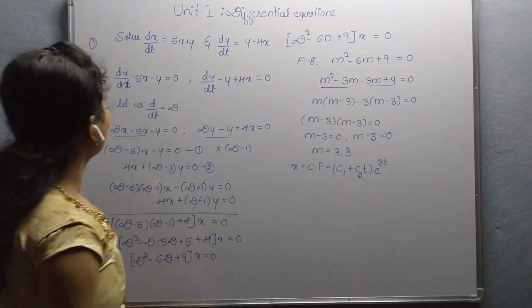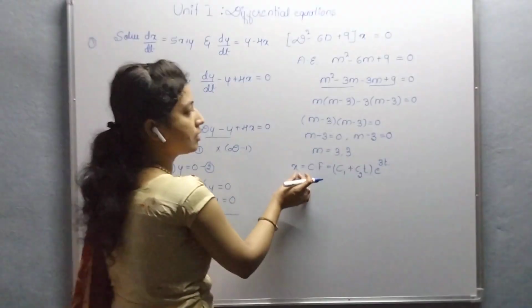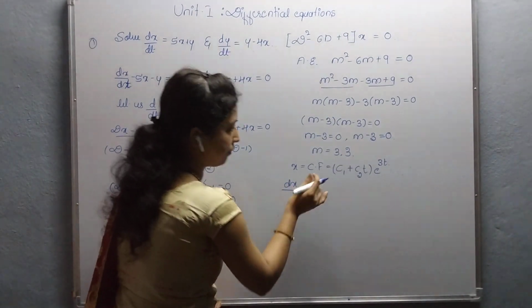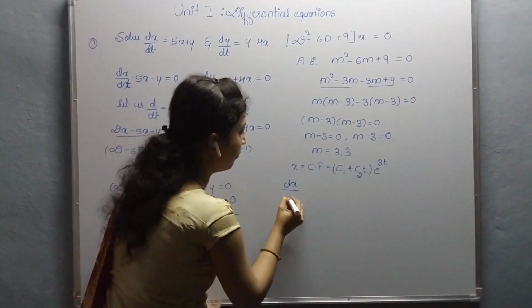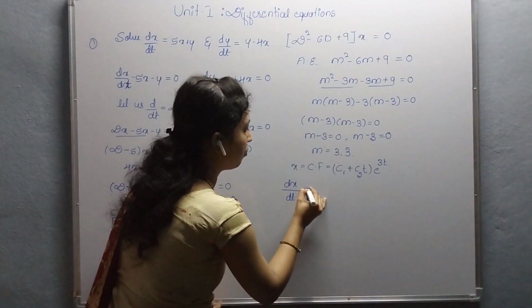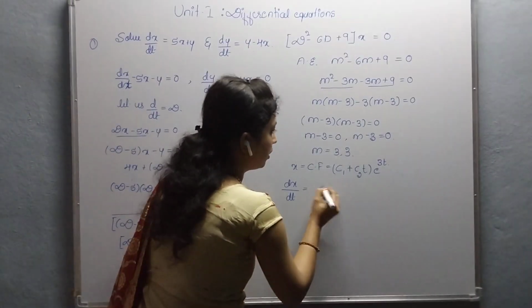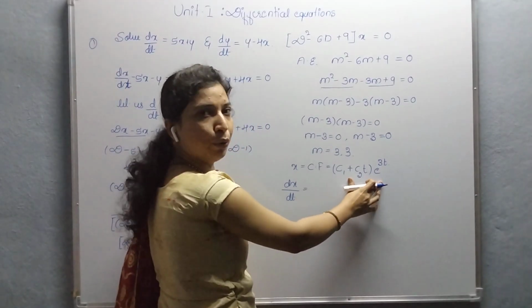Again here we have to differentiate this x with respect to t. Differentiating the value of x with respect to t, we get dx upon dt is equal to, now it is of the form u into v.